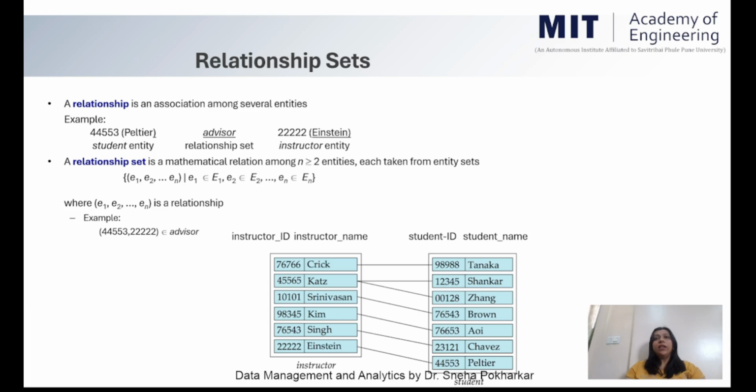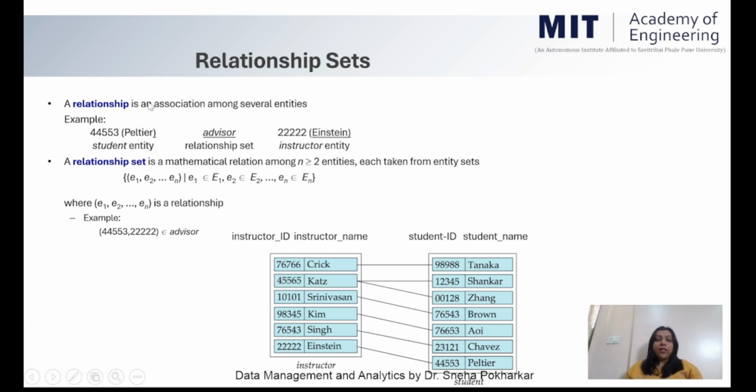And how are these related to each other? These are related to each other with some keys, mainly the primary key. This relationship set is a mathematical relation among entities, and the condition is that there should be a minimum of two entities, two or more than two, otherwise the relation will not be established.